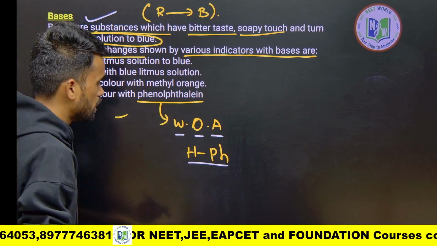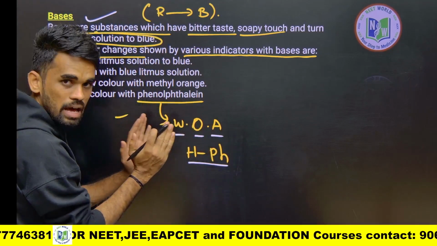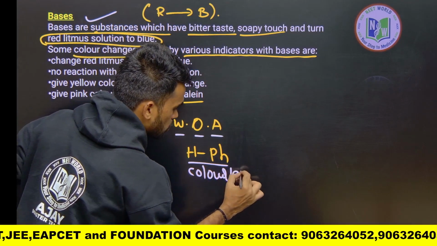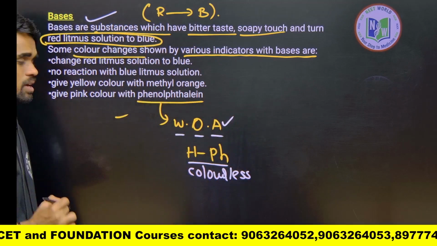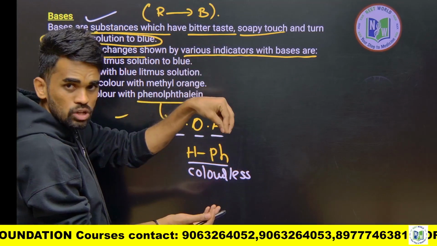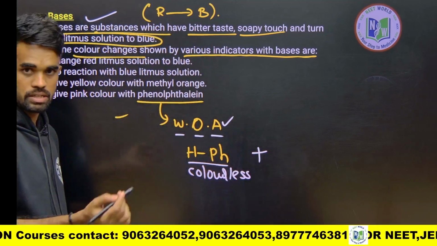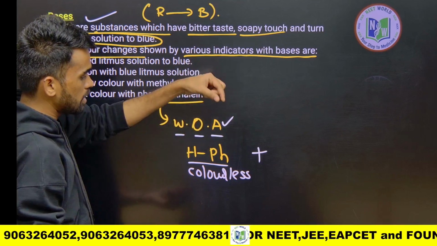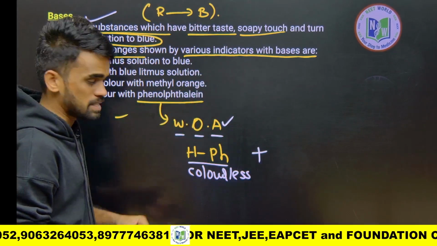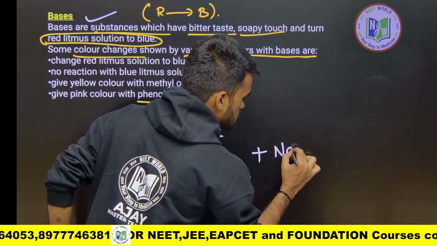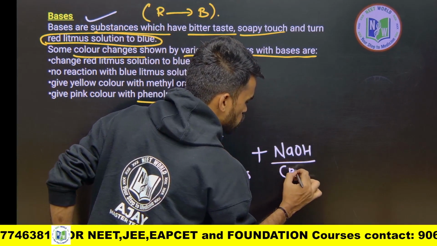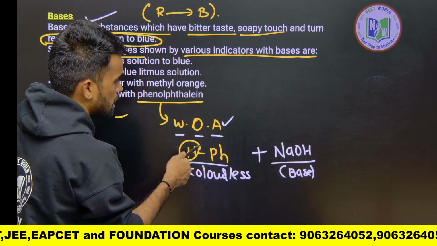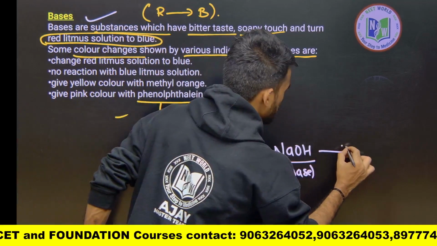When it is in the unionized form, it is colorless. So it is a weak organic acid now. When we keep this phenolphthalein in basic solutions, for example NaOH, sodium hydroxide, which is a base, or any base you can consider here, this H plus ion is taken by the base, so that we get Ph minus.